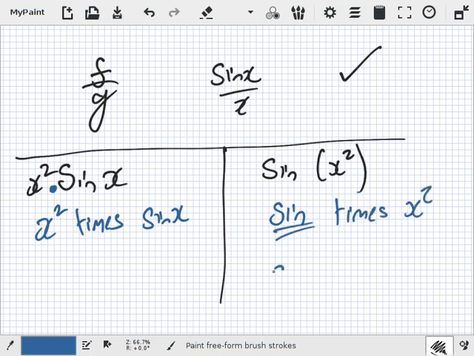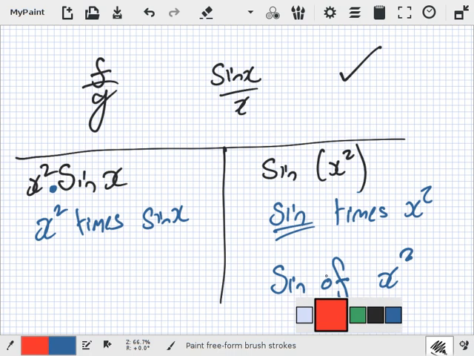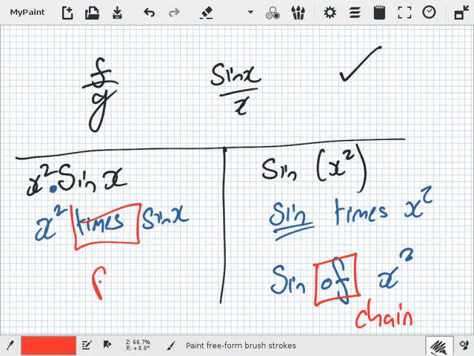In fact, here you're saying sine of x squared. So because of this, it makes it a chain rule. And because of this, it makes it a product rule. I don't know if that helps you at all. A little bit. It's a question I get a lot from students, the difference between product and chain, because it looks so similar.